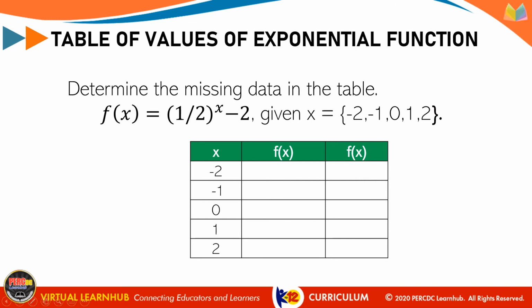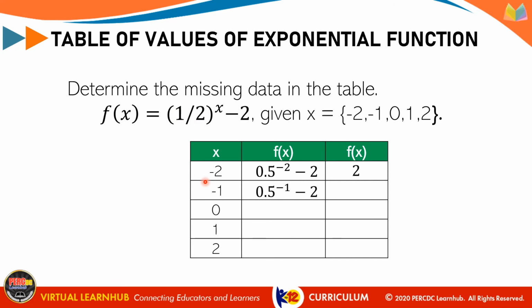We can see here that our base is greater than 0 but less than 1, and that is some decimal point, but in this example, we use 1/2 or 0.5. So, let's substitute our x values. So we have 0.5 raised to negative 2 minus 2, that is positive 2.